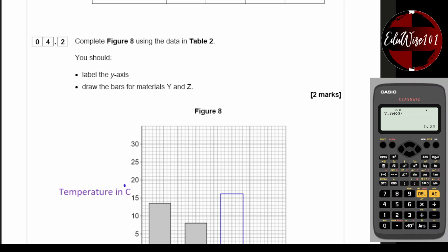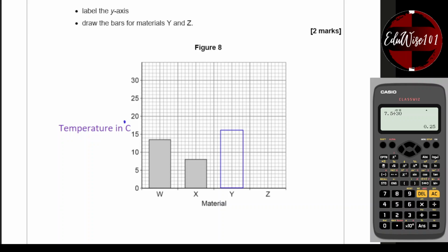Now, if you look carefully, it starts at 0 here, and then the first reading is 5. So each of these boxes is 1. So that's 15, and you need to go 1 more box above 15, and you need to use a ruler to make sure that the lines are actually straight.